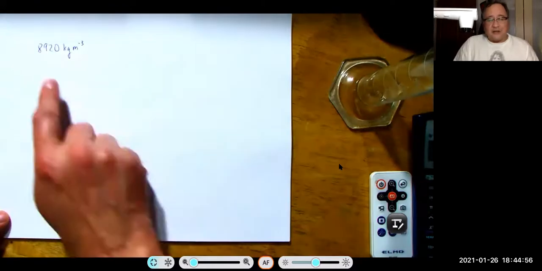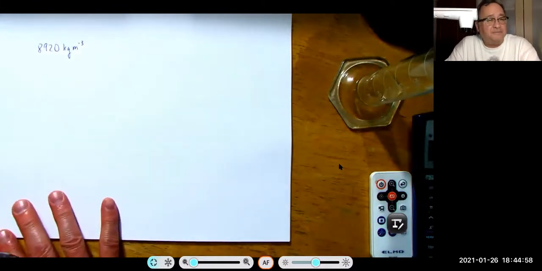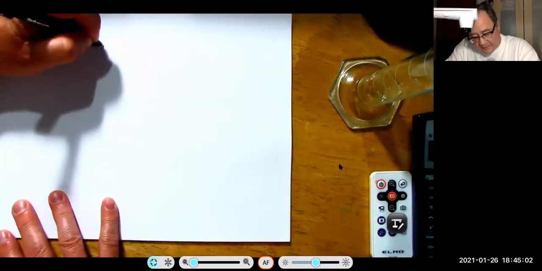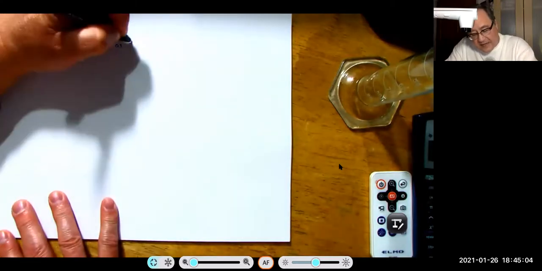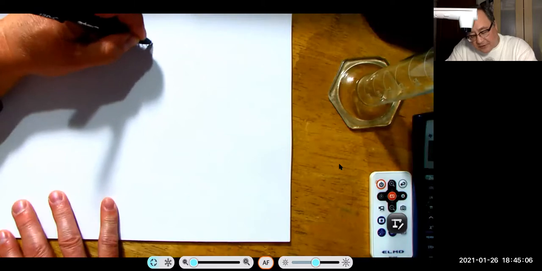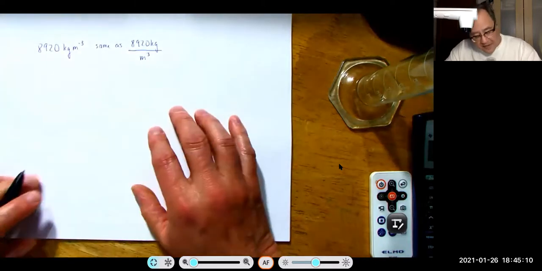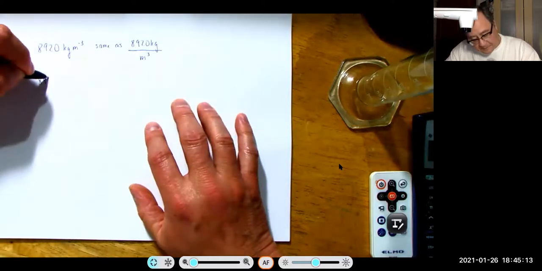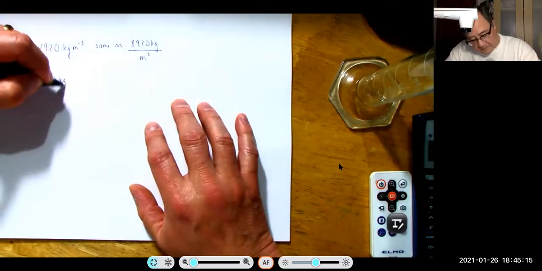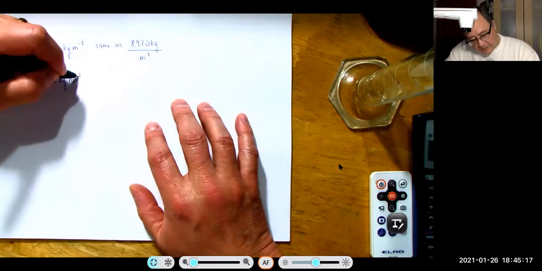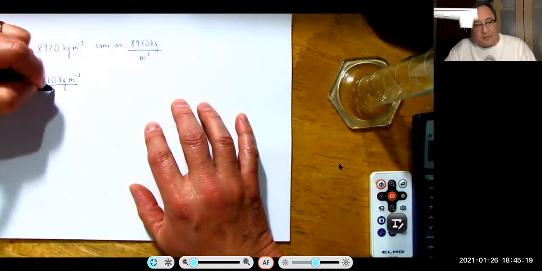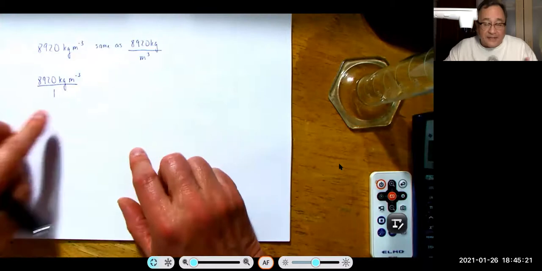So this is the value that we found at webelements.com. And this is the same as 8920 kilograms over meters cubed. And I'm going to prove that to you. So we know that any number or any value divided by 1 is the same value.